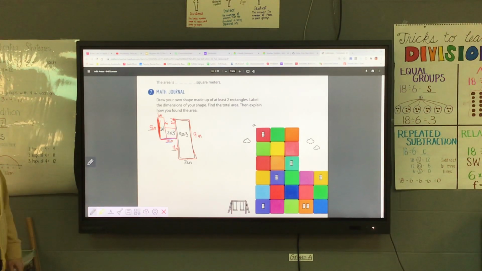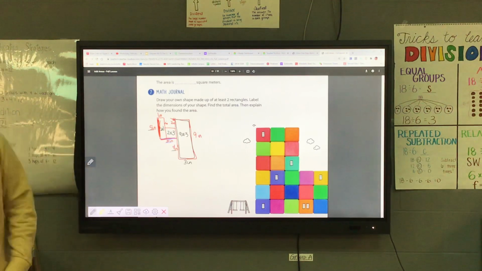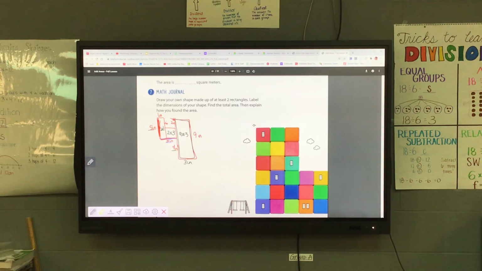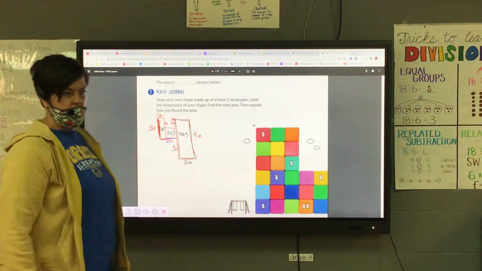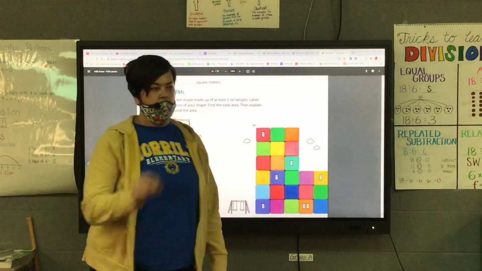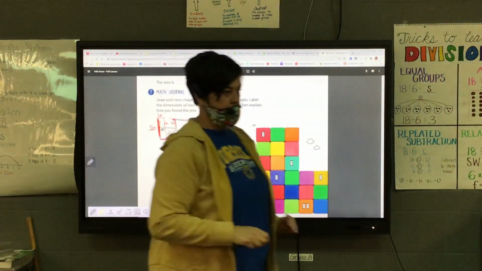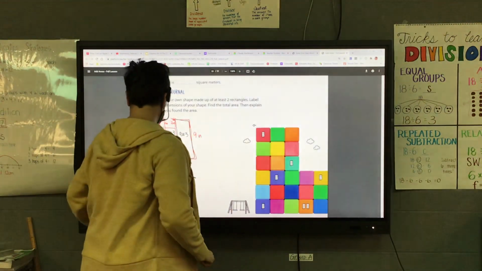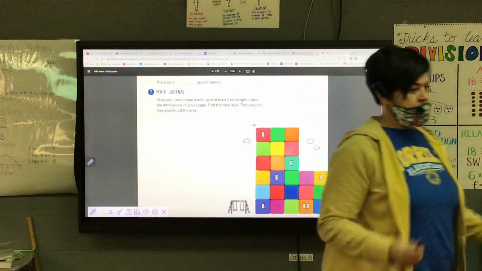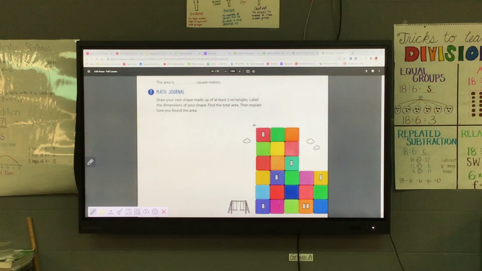Okay, so now what you're going to do, are you confused? No. I think I know that. I want you to label measurements around your shape. I'm going to get rid of mine because I think that seeing my example is different than how you're imagining your example that you drew.